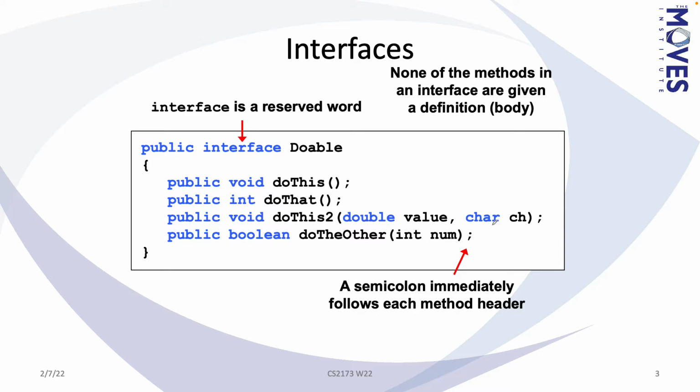So if I have an object, and I know that it implements the Doable interface, then I can invoke each of these 4 methods without fear of a compile error, without regard for the compiler complaining.